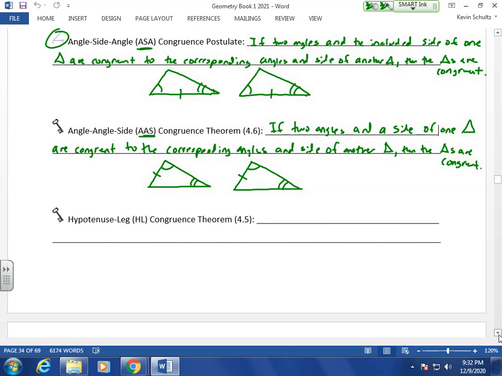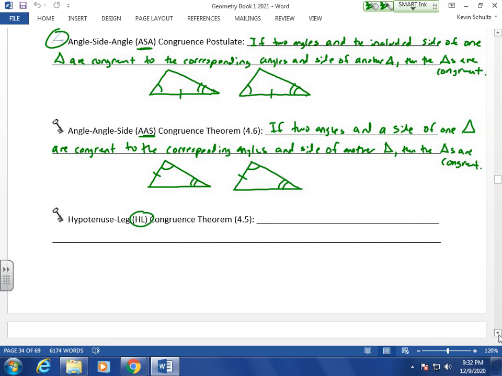We call it hypotenuse leg, or HL, because the angle, side, side combination only works with right triangles, okay? And so therefore we can call it the hypotenuse leg, or HL, because it only works with right triangles, and right triangles are the only ones with a hypotenuse, okay?